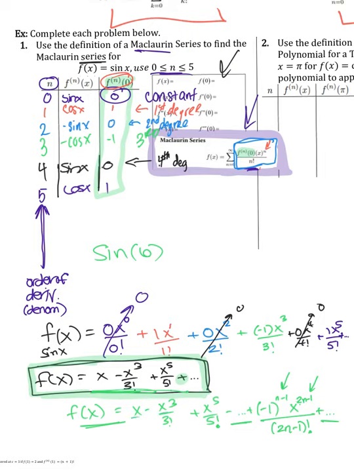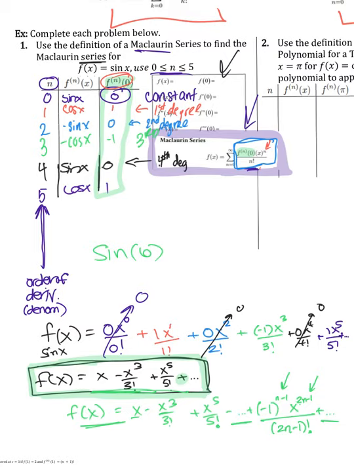All of your x's would become 6's. And you're going to see what I mean by that on example 2. But I just think it's so important to stop and really look at what we just did and how cool it is that we're saying that sine of x is equal to this infinite series.